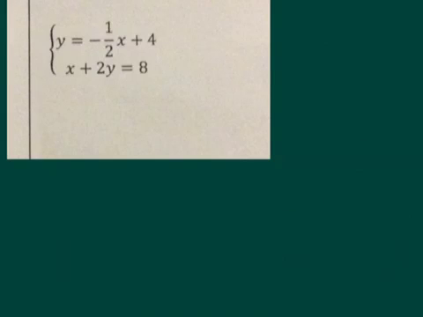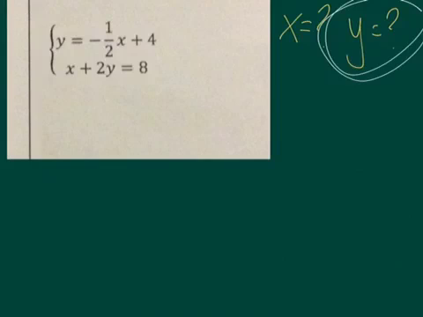Last one here. First question, same as the last two. Do I have x equals or do I have y equals by itself? You're right, I have y equals. Alright, pause the video, replace y with what it's equal to, and then restart the video to check and make sure you got the same thing.